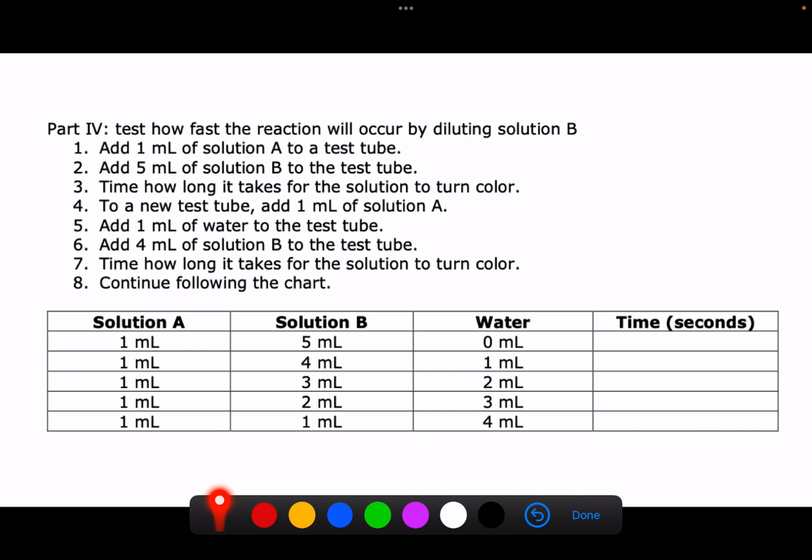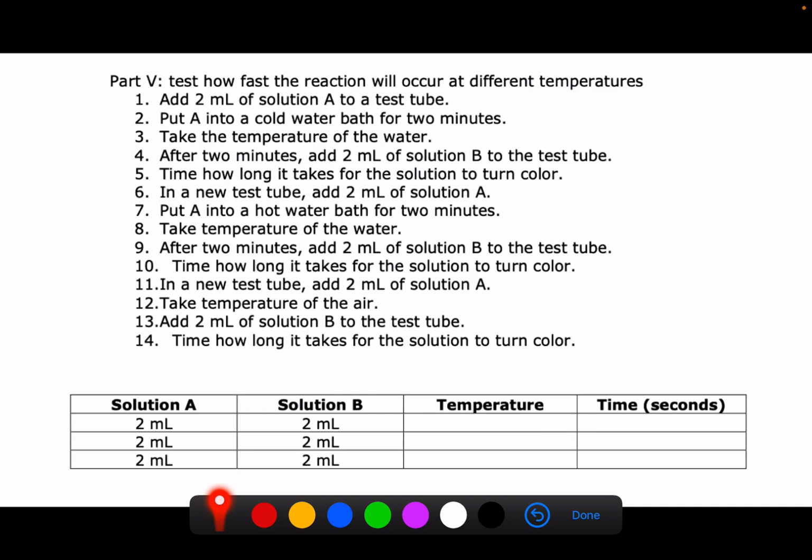Then on part 4, we're going to flip that, and we're going to hold solution A at a constant 1 milliliter, and we're going to dilute solution B and see what happens to our time. Then we're going to end by changing the temperature. So you're going to do a cold water bath, and you're going to do a hot water bath, and you're going to time how long it takes, and we'll see what happens.